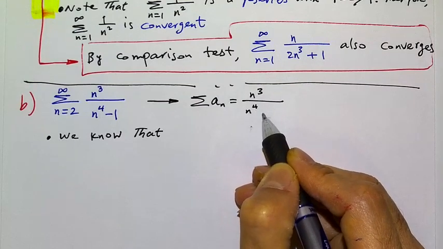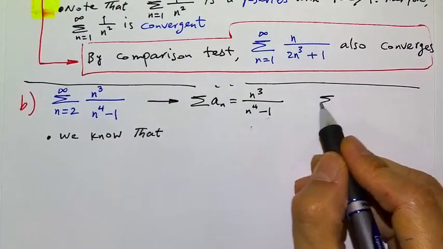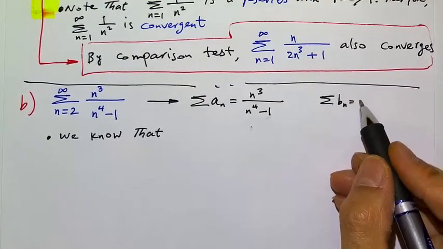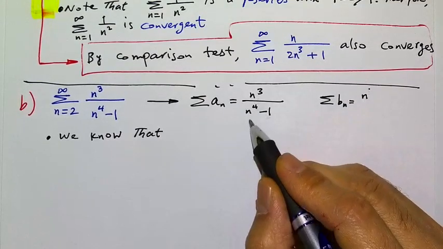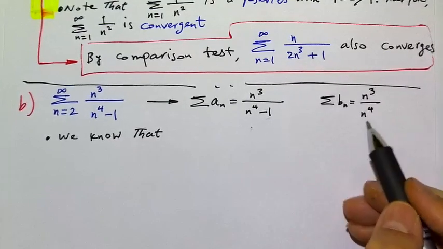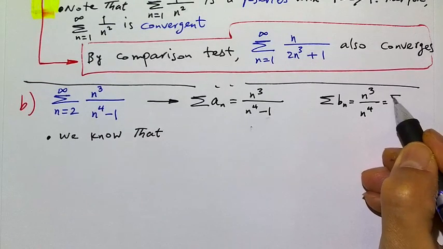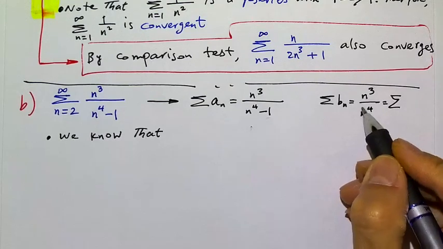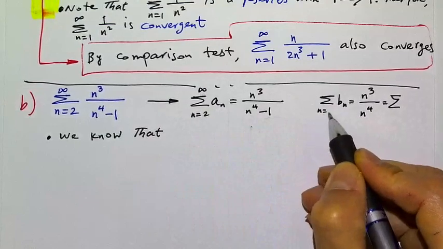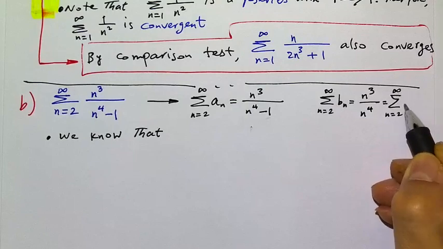So this is our series a_n, and series b_n, we're going to take as n cubed over n to the 4th, like that. If this is going from 2 to infinity, this should also go from 2 to infinity, and this should also go from 2 to infinity. Let's simplify this.